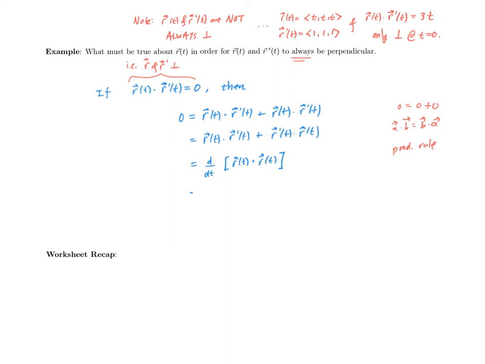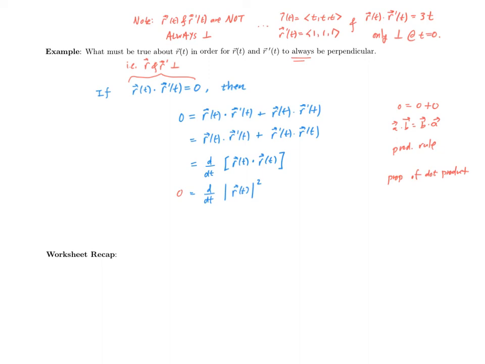And finally, observe that if we go back to the beginning of our discussion on the dot product, we said that a vector dotted with itself is simply the magnitude of that vector squared. So this would be a property of the dot product, or we might say a property of vectors in general. What we've seen at this point is that if r dotted with r prime is 0, then the derivative of the magnitude of r of t squared is equal to 0.